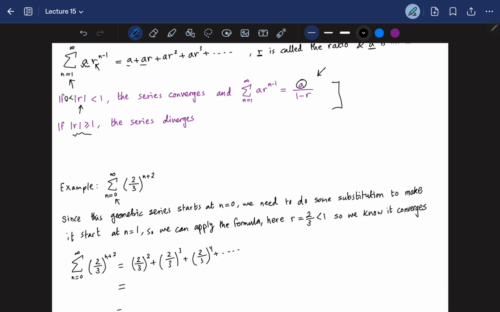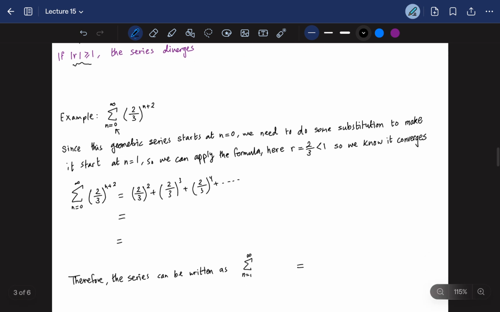So let's write it out. If I have n equals 0, for the first term, you're going to plug in 0 here. So you're going to get 2 over 3 squared. Then once you plug in 1, you're going to get 2 over 3 cubed, 2 over 3 to the 4th. If you evaluate it, you're going to get 4 over 9 in each term, and so on.